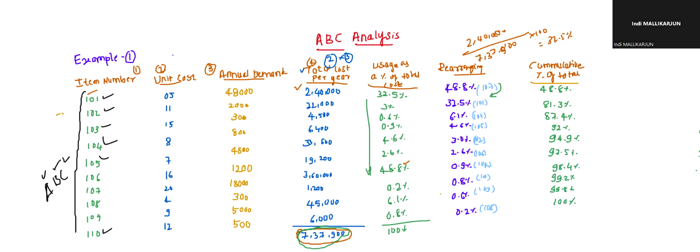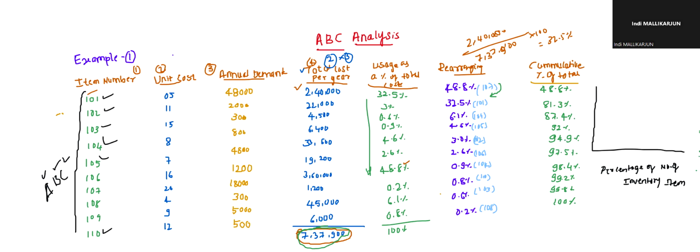ABC is nothing but the percentage of the number of inventory items, that is, the number of items here, and how much percentage we have.